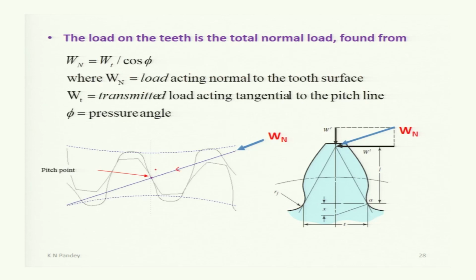This is the point of contact at the pitch point, the pitch point P. One curve is this one, another curve is this one, of the cylinder, and the radius is this one up to the base circle. The base circle is passing through this. This is the line joining the centers of rotation. So, this is the radius of the cylinder, and this is the normal load acting on it. This is Wt, this is Wn.